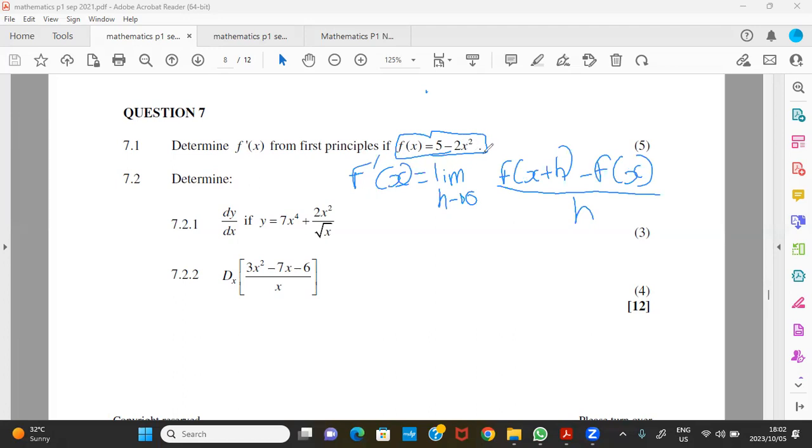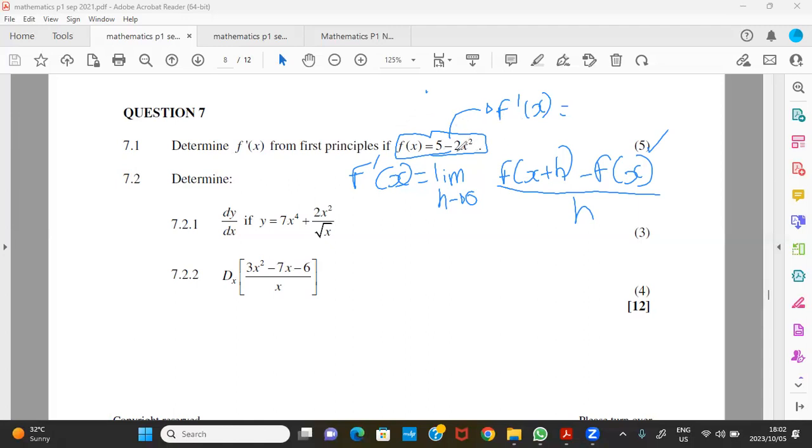And another tip you can use: this is a free 5 marks, by the way. You can derive this quickly by saying f prime of x is equal to, already we know the 5 is going to fall away, it's a 0.